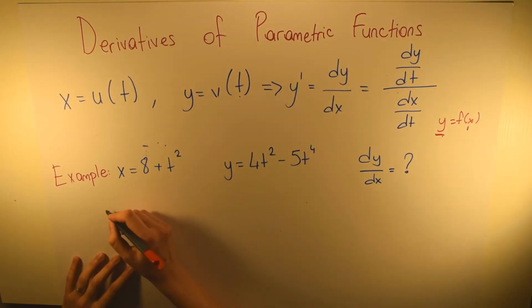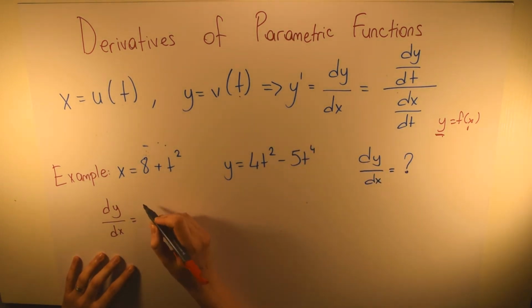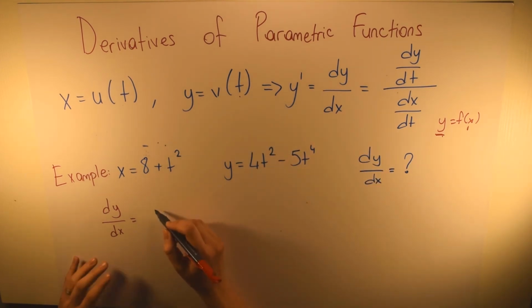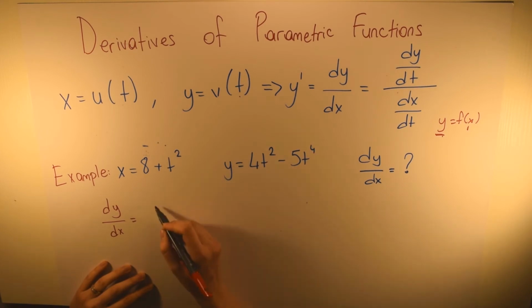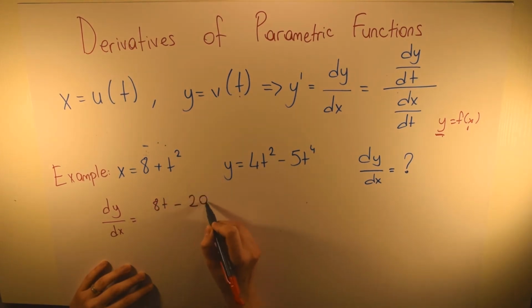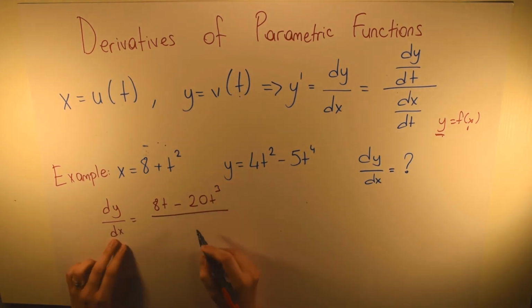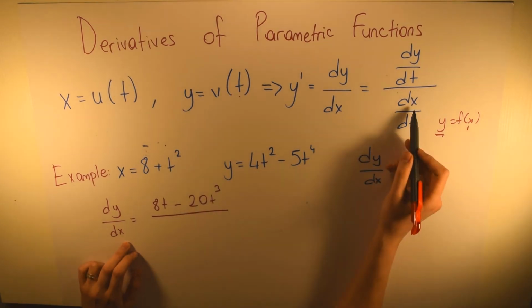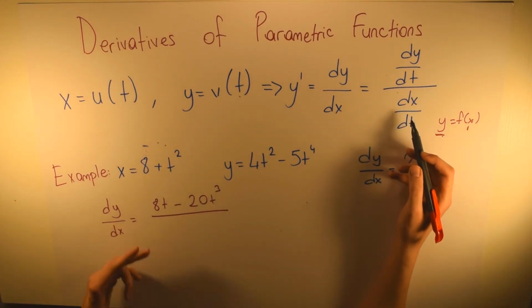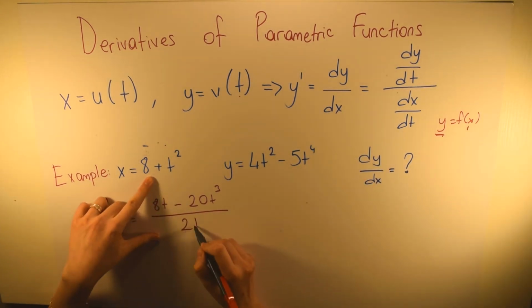So let's do that. dy over dx is equal to dy over dt, which is the derivative of y with respect to t. So it will be 8t minus 20t to the power of 3, over here we will write the derivative of x with respect to t, which is equal to 2t.